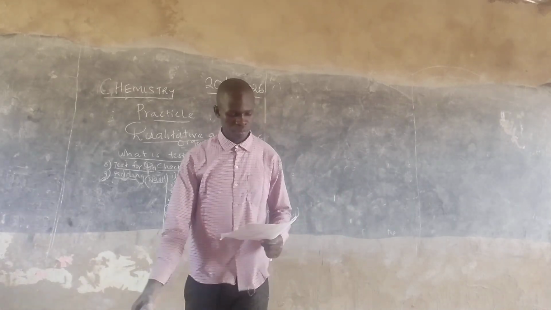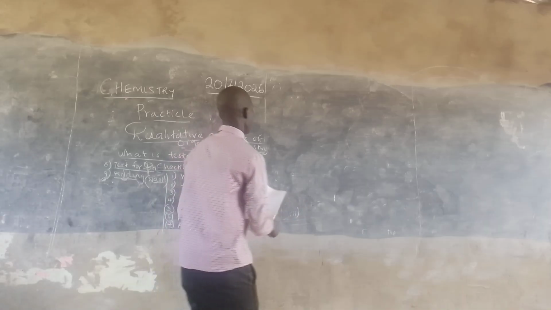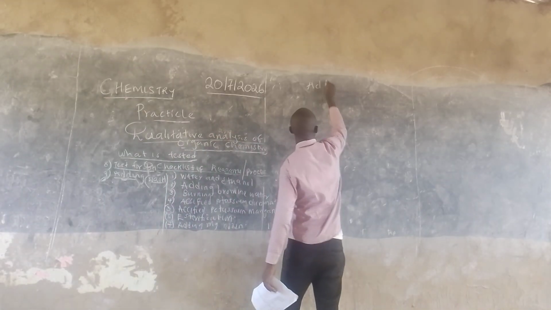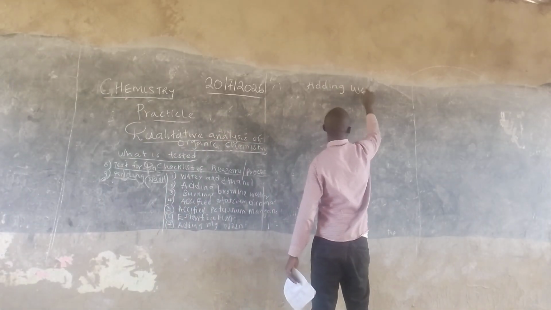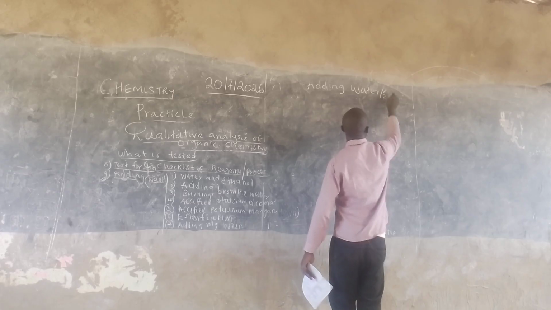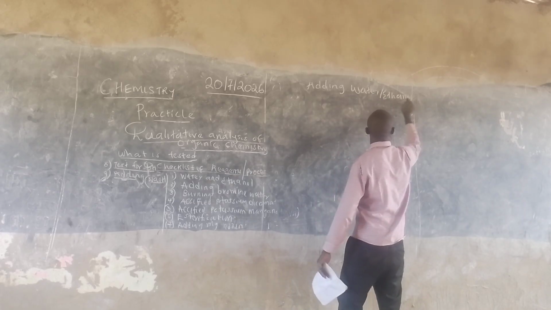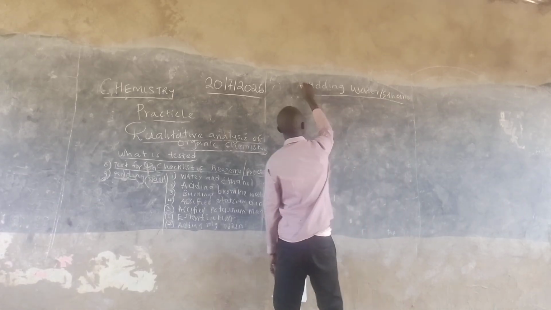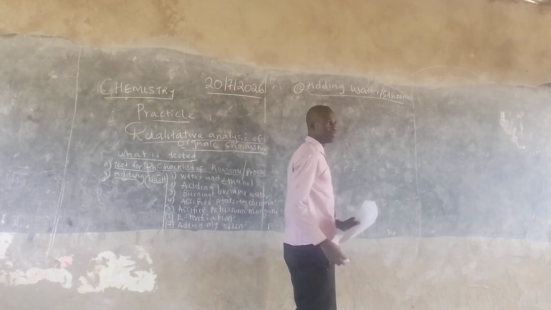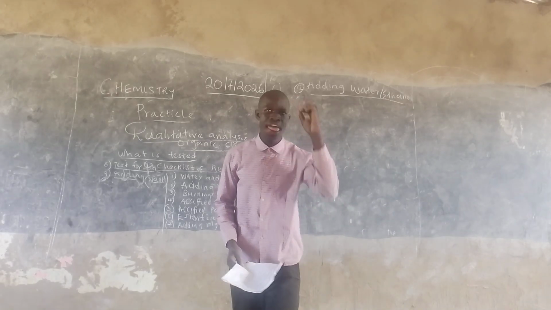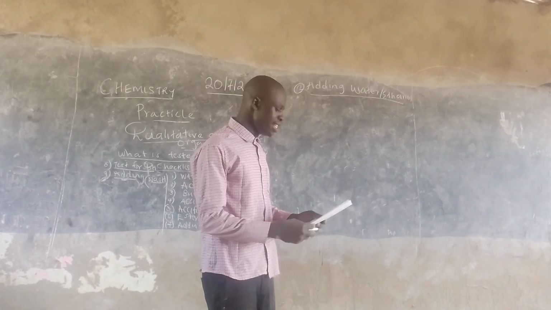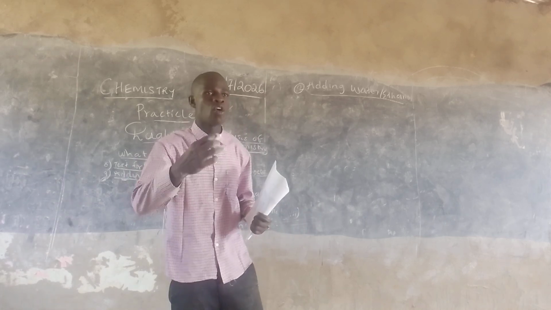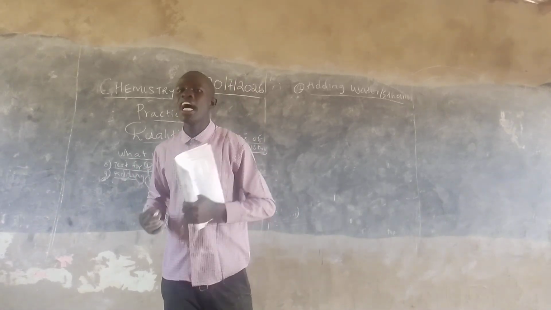Number 2, adding of water or ethanol. When I say or, it means we can use either water or we can use ethanol. And this confirms polar compounds and non-polar compounds.